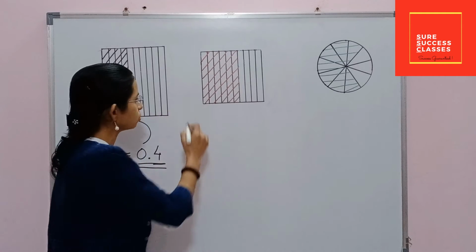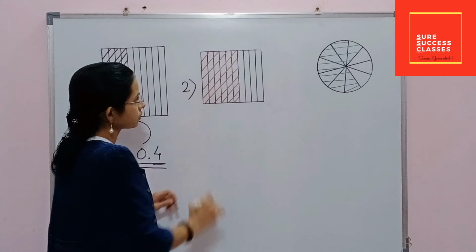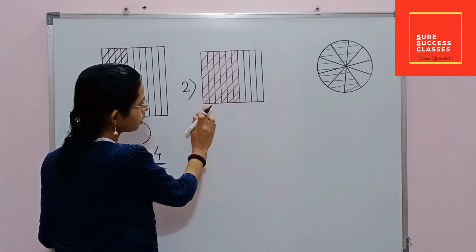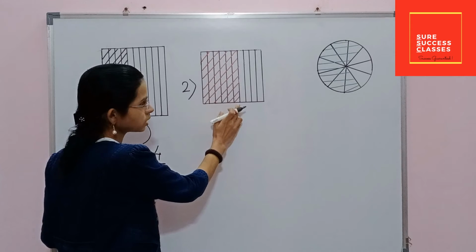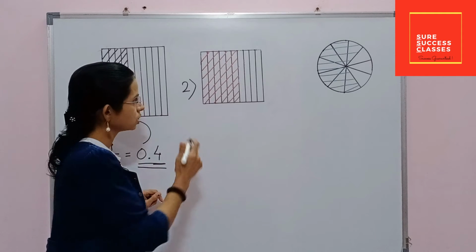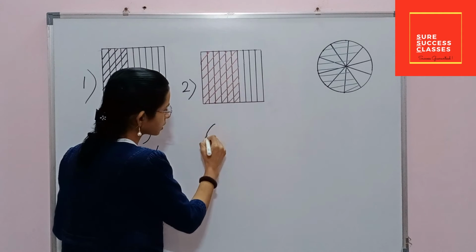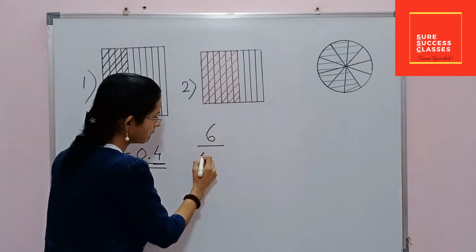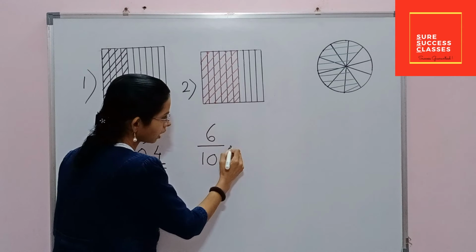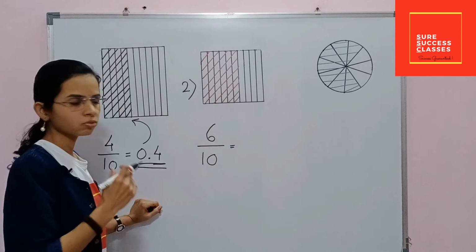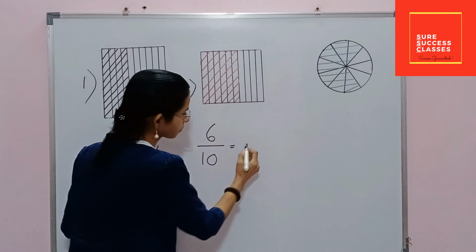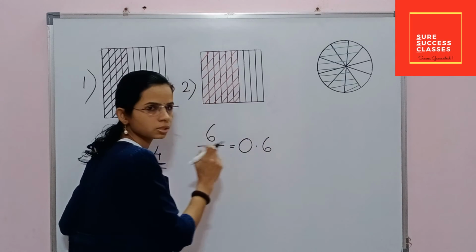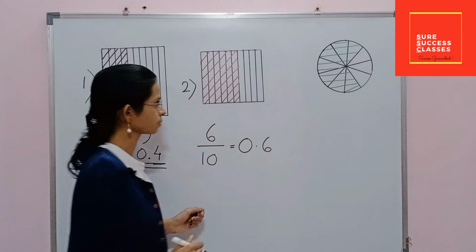Then we will move to the second example. Here, out of 10 equal parts, 6 (1, 2, 3, 4, 5, 6) parts are shaded. So the fraction for that considered part will be 6/10. And what is the decimal form of this fraction? Here 0.6, because 6 is at the 10th place.